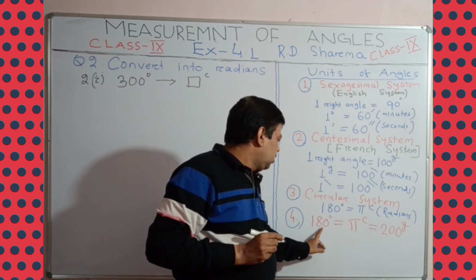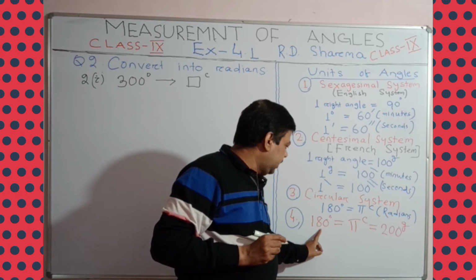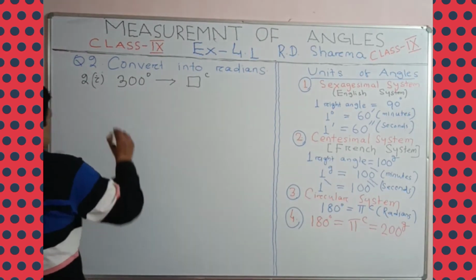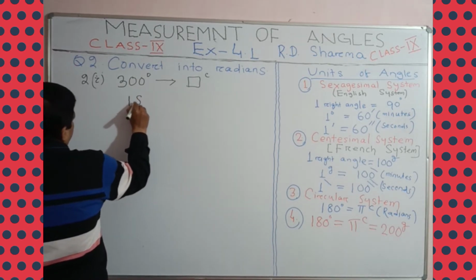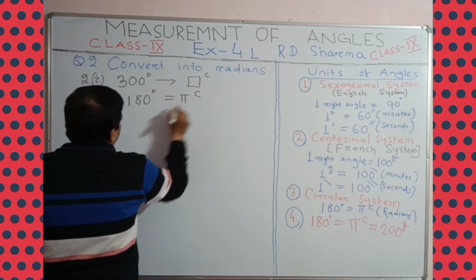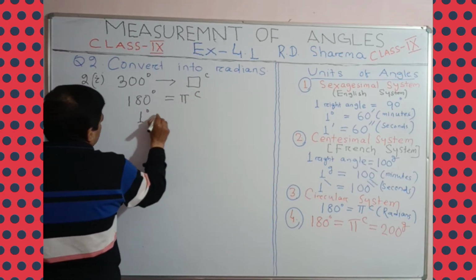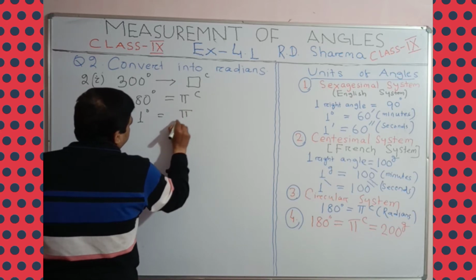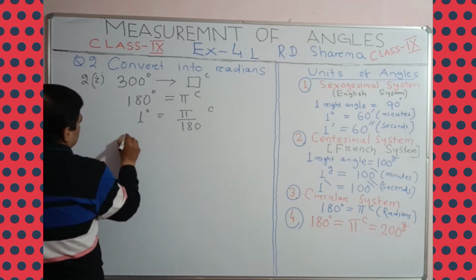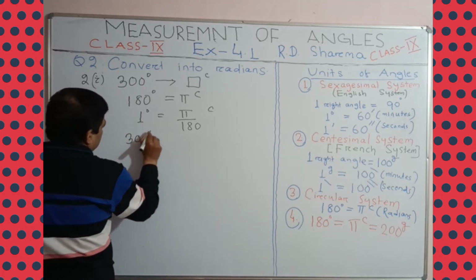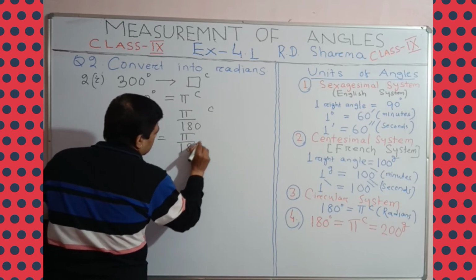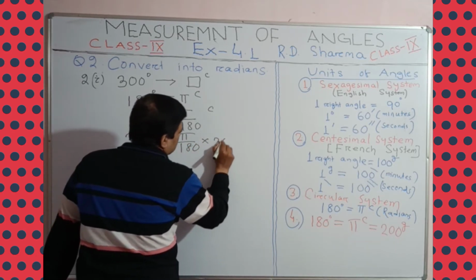Now see the relationship: 180 degree is equal to pi radian. Using this, let's write 180 degree is equal to pi radian. So 1 degree is how much? Pi upon 180 radian. Yes or no? And 300 degree, very simple, is pi upon 180 into 300 radian.